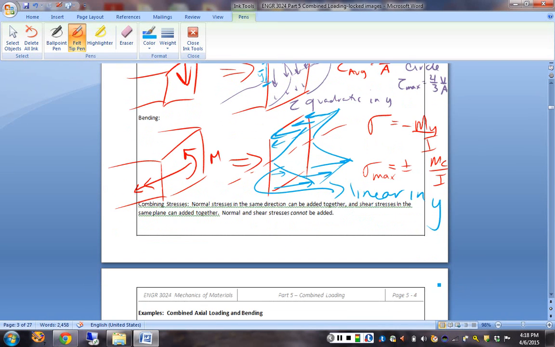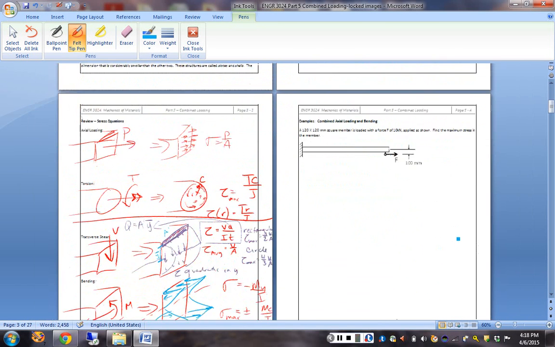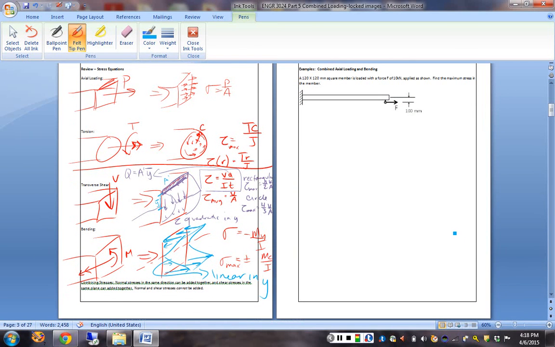So that right there is the stuff that needs to be in your brain for the exam, treated individually. You'll not have more than one going on at the same time. What we're going to start dealing with today is how to add them up when you have multiple things, and this guy right here is very, very important. We have 4 different cases, basically, where we have 2 things that result in normal stress and 2 things that result in shear stress.